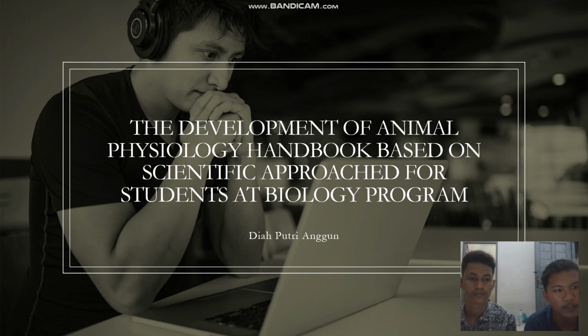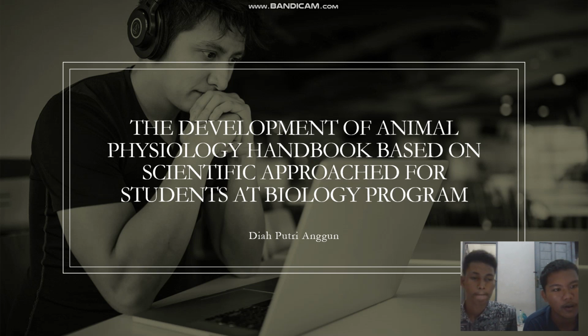This means that the animal physiology handbook can facilitate students in practical activities, the time allocation is useful, it is easily interpreted by students, and it has the same equivalence as the practicum used in tertiary institutions.